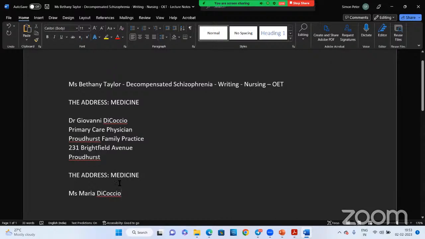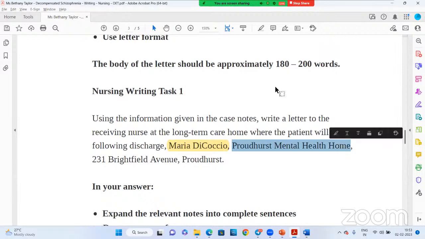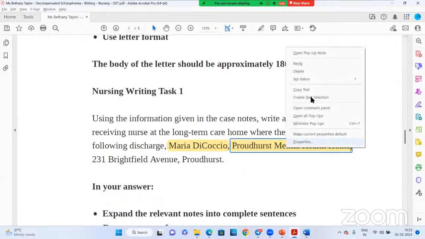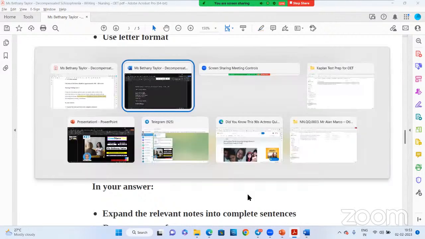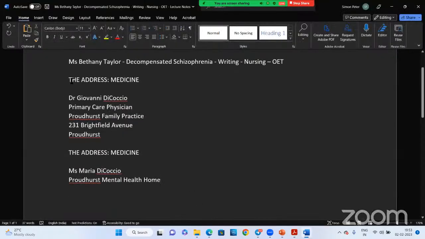For a doctor we write Doctor, but for a nurse you have to write something. The next one is Proudest Mental Health Home.